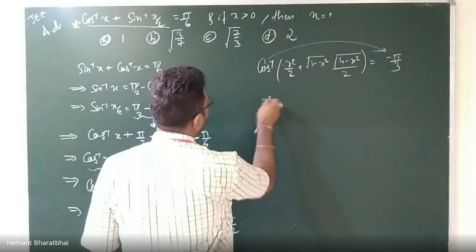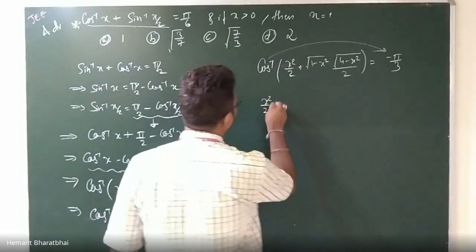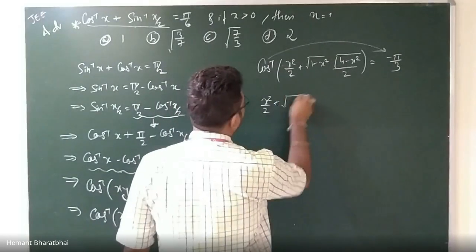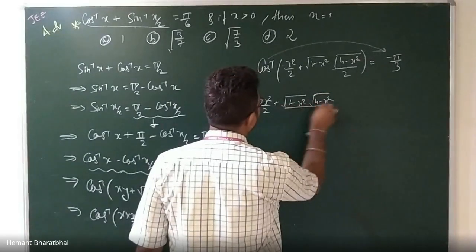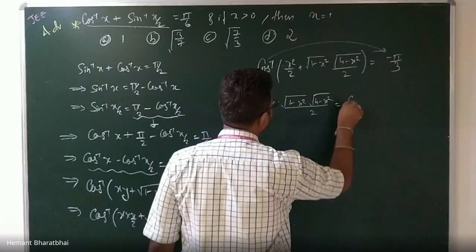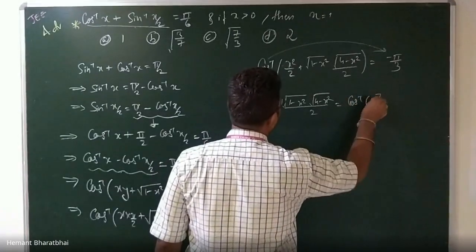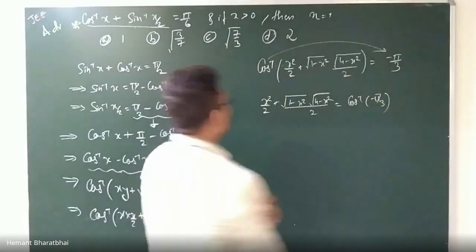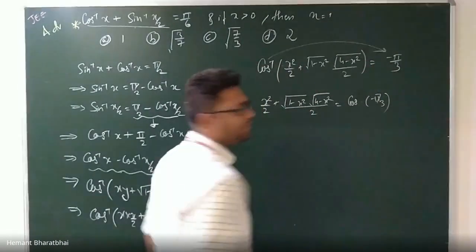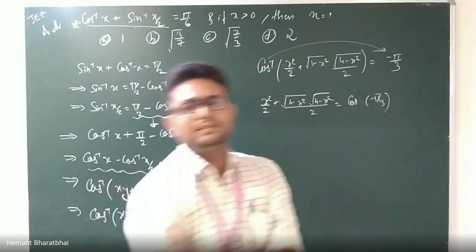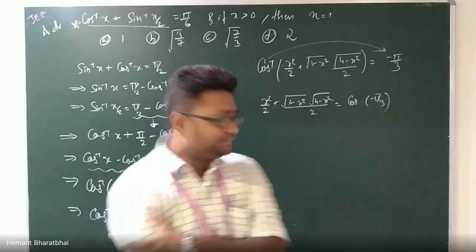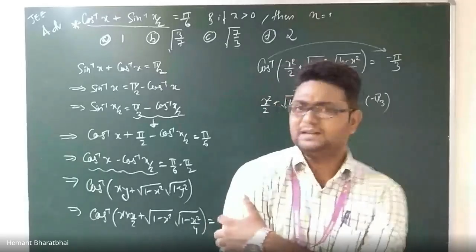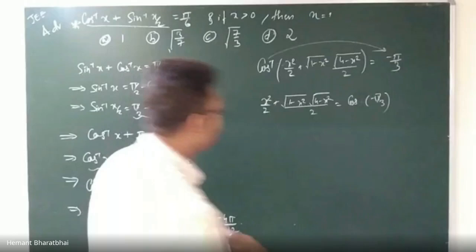Here I'll get x square by 2 plus under root of 1 minus x square into under root of 4 minus x square, the whole upon 2, is equal to cos of minus pi by 3. Now cos of minus theta is cos theta, so cos of minus pi by 3 is cos pi by 3, that is cos 60. Cos 60 is how much? 1 by 2.